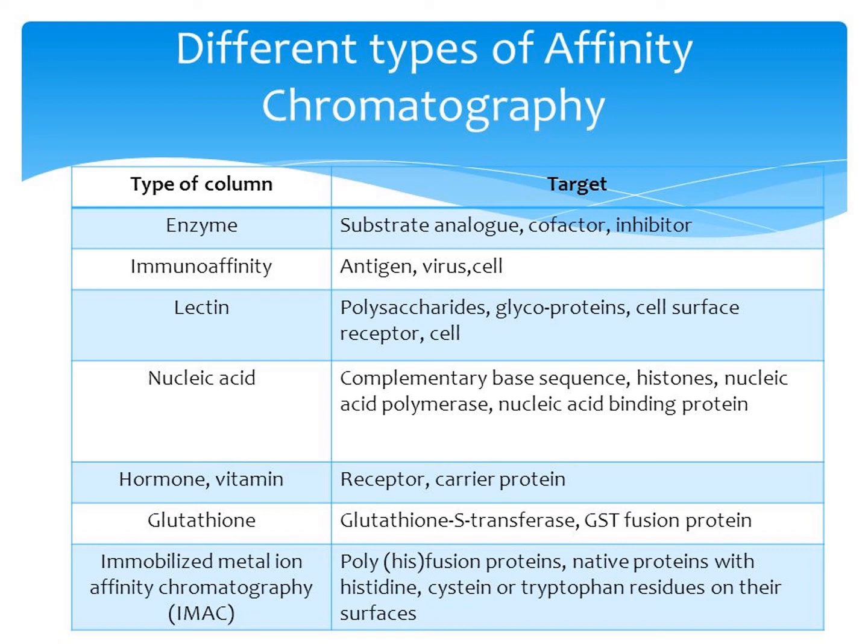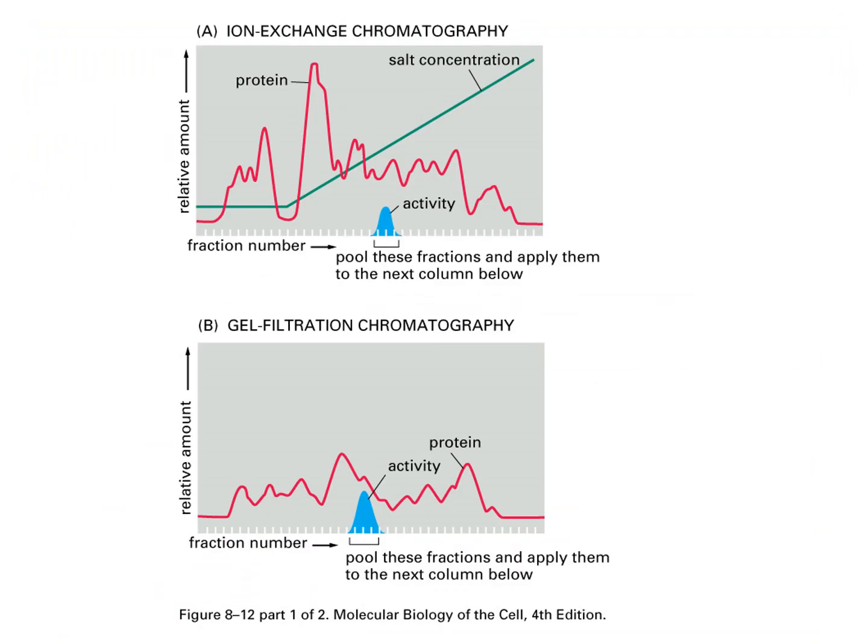Lectin will bind to oligosaccharides. Nucleic acids will bind to proteins such as histones and polymerases and binding proteins that bind to DNA. But anyway, you have a choice in metal and some other methods to bind and use in the affinity column here.